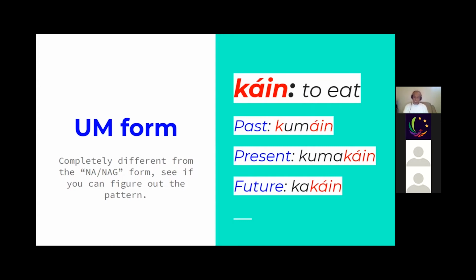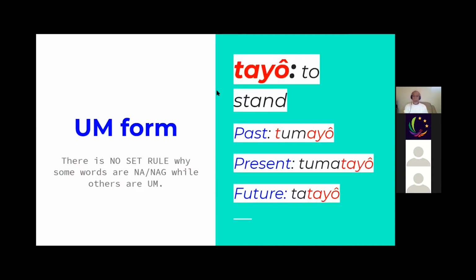Now, take a moment to see the conjugation pattern, okay? "Kain" is the root, and that's why it's called the verb, because it has the "um" in the word. All right. And now we're going to go to another word. How do you read this root word, "to stand"? Go ahead, Anne. Tayo. Yes, tayo. And it's a glottal stop, and it's accented on the second syllable.